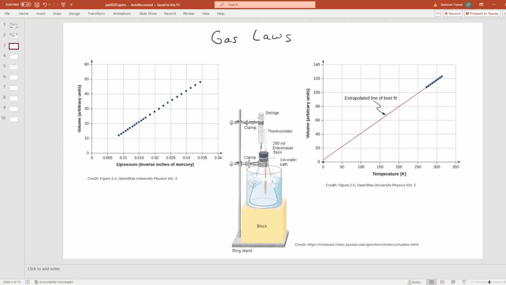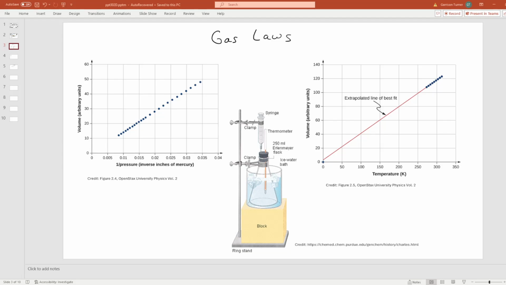We now come to the issue of gas laws and how we analyze things like pressure, temperature, volume, and so forth for ideal gases.